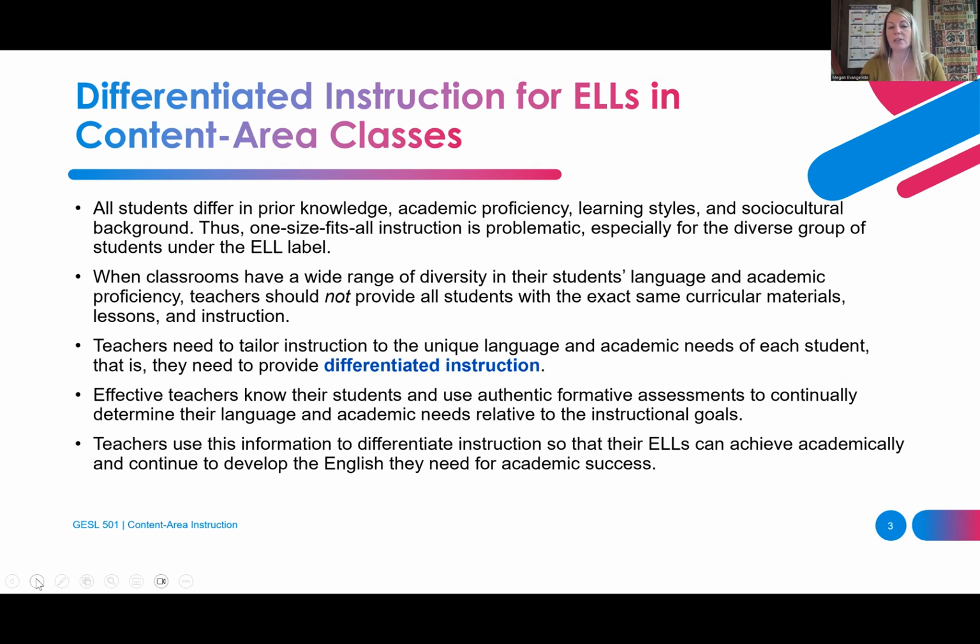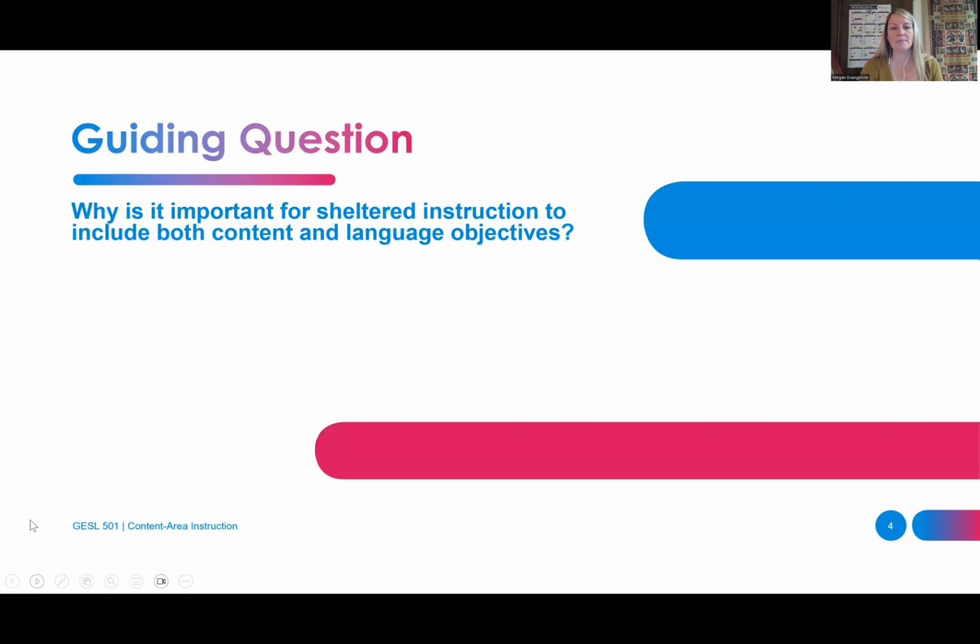Effective teachers know their students, and they also use formative assessment to continually monitor the language and academic needs that are related to the instructional goals. As educators, we use this information to differentiate instruction so that our English learners can achieve academically and also continue to develop the English they need for academic success.